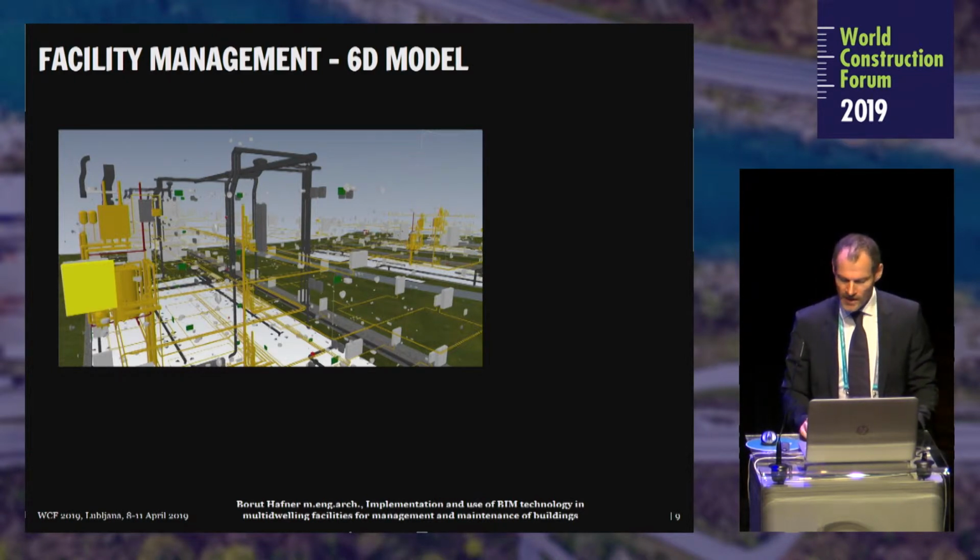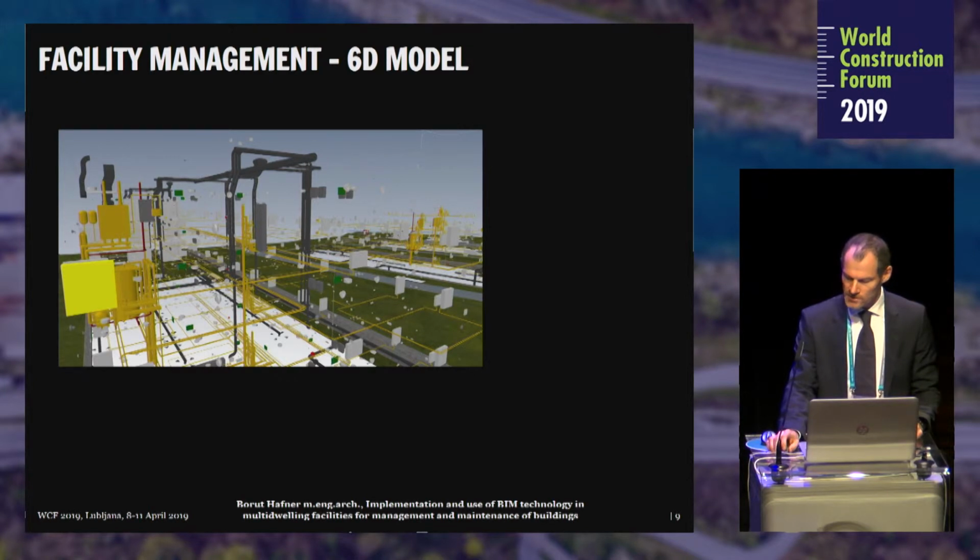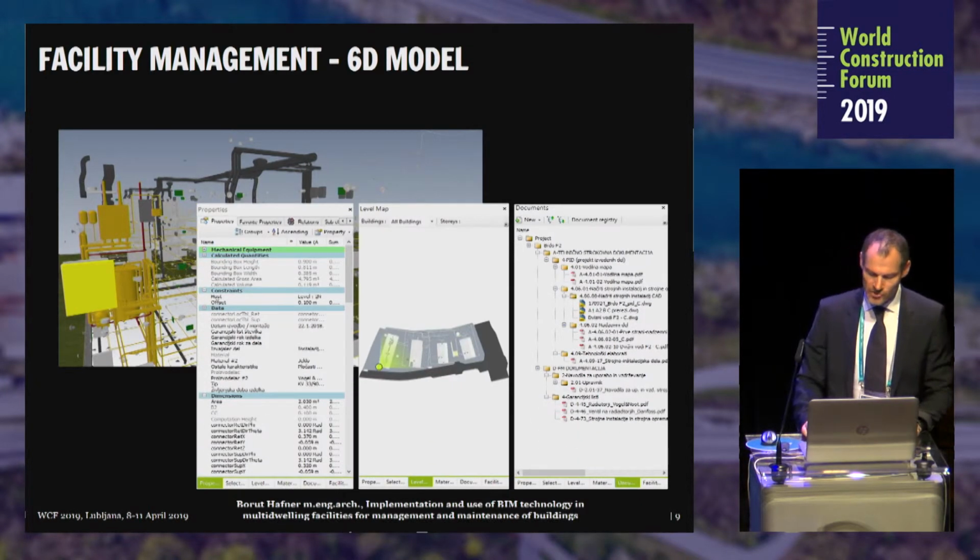For every element, for example this radiator you see, the yellow one, we have all the information in this BIM management platform. Here you can see just three general tabs.